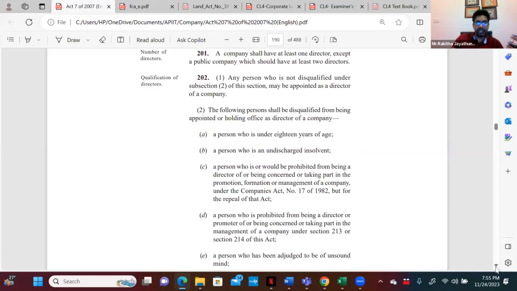Here it says qualification of directors.